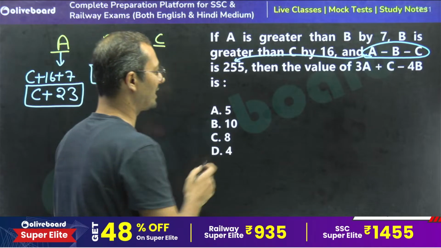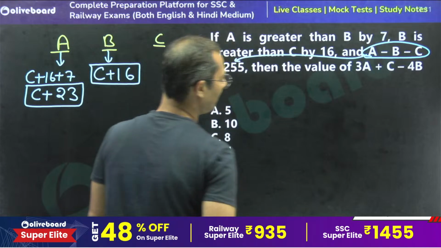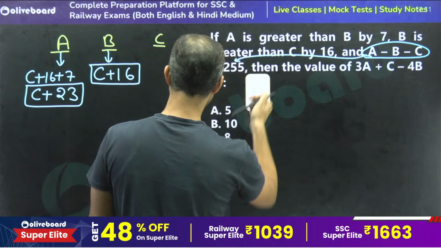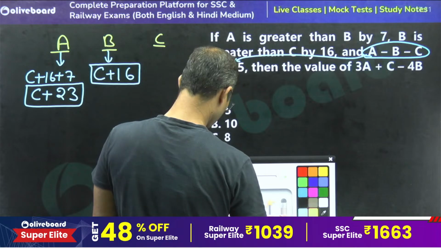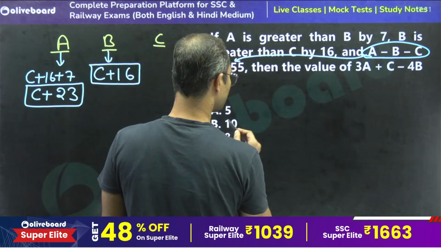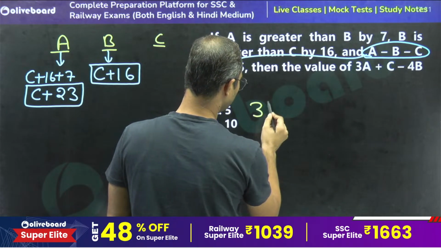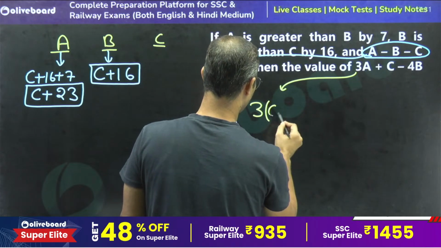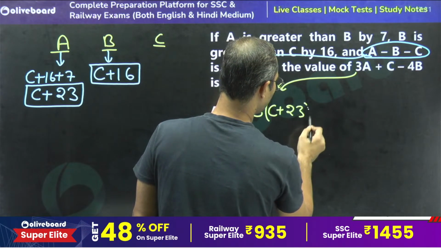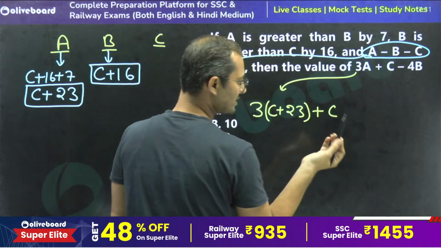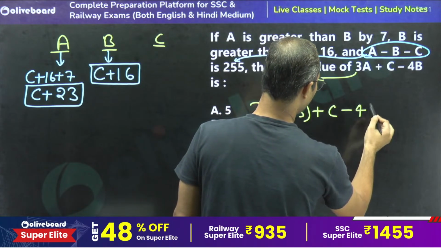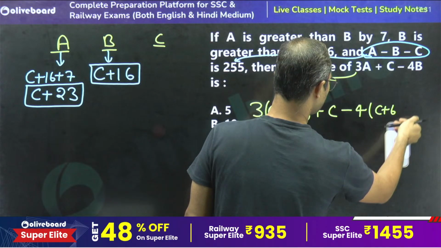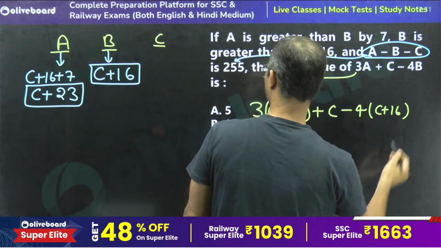So directly we can put the value in 3A. What is the value of A? According to the above, A is C plus 23. So in place of A, we can put C plus 23, plus C, no change in C, minus 4 times B, and in place of B we can write C plus 16.